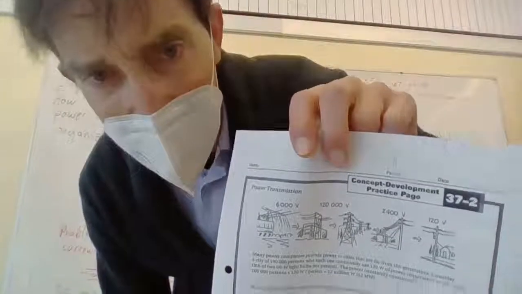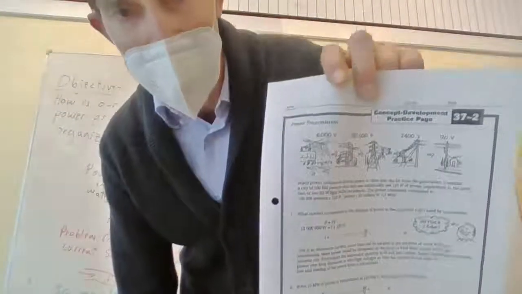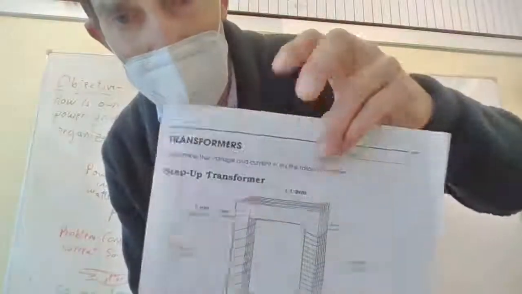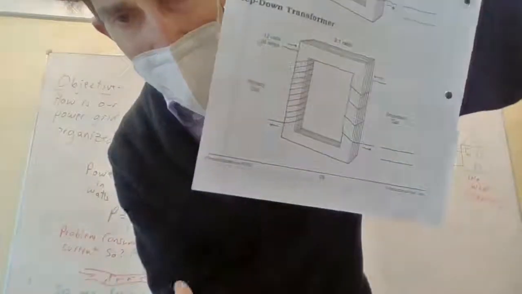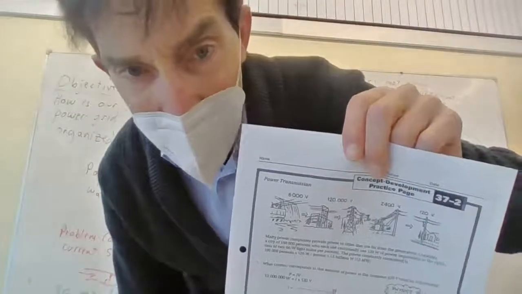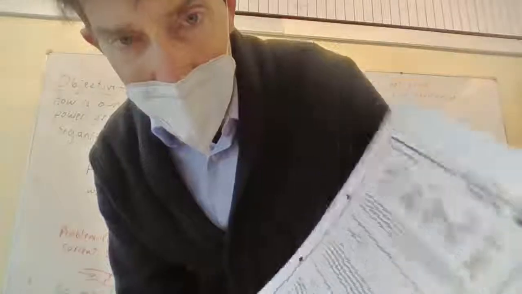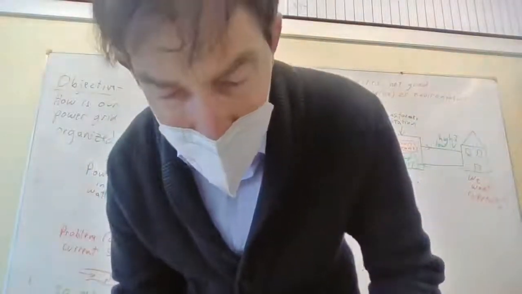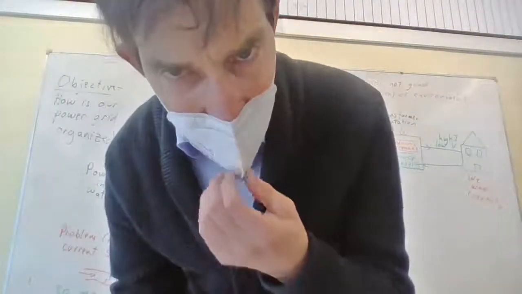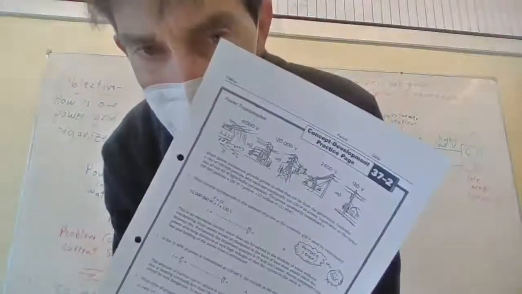I want you to turn it over, and for you here, it's going to be the back side. For people at home, it'll be the same transformer document, but a little further down. You can answer questions with us in your notes, but you may want to find that document and pull it up. We're going to read some, and then people will help me fill in some of the information from this.